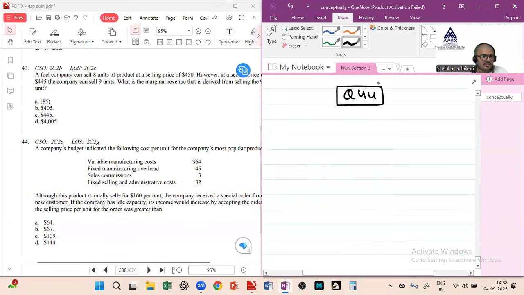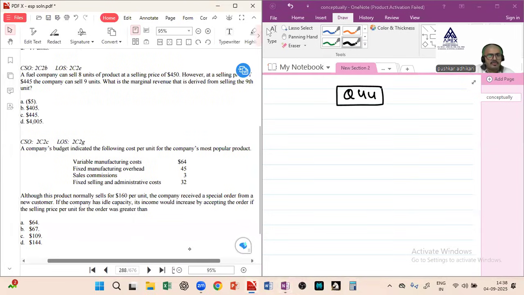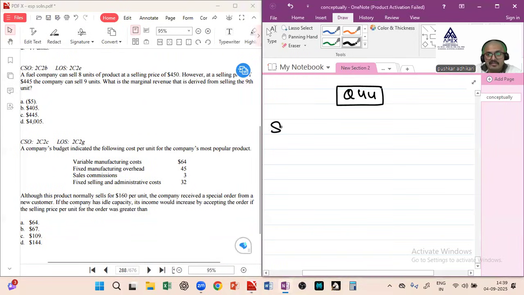Question number 44 says a company's budget includes the following cost per unit of its most popular product. The variable manufacturing cost is 64, fixed manufacturing overhead 45, sales commission 3, fixed selling and administrative costs are 32. Although the product can normally sell for 160, the company has received a special order from a new customer. My dear friends, they are saying what?